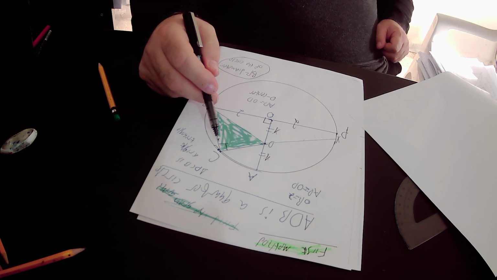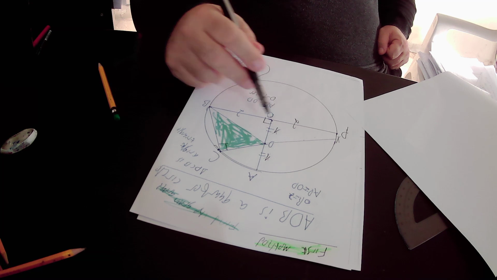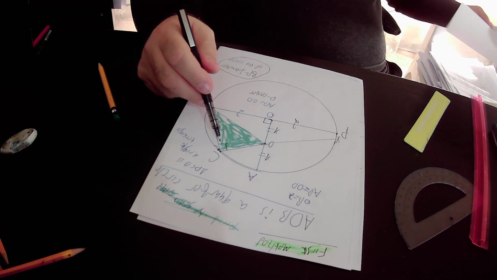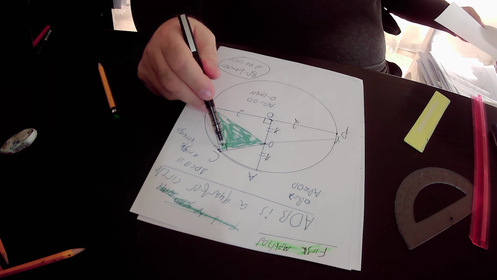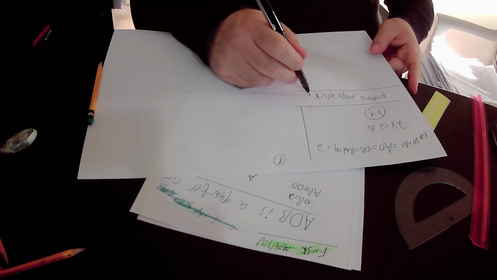So we created here peripheral angle BCX that is equal to 90 degrees, according to what is given in the question. That is to say, peripheral angle BCX equals 90 degrees.